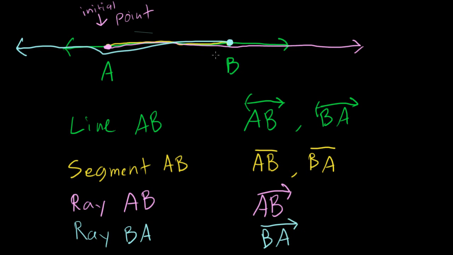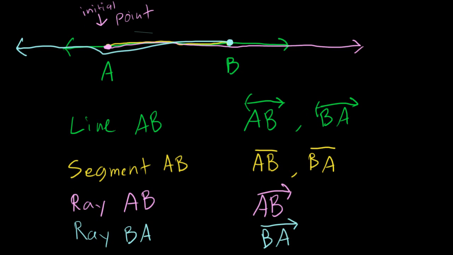Even though the ray actually goes right to left, by convention we start with the initial point, B, and then the second point tells us what direction to go. Right, so that can be confusing for some students at first, but don't let it be. It's really pretty straightforward. So that's how rays work. Lines, segments, and rays. If you need a little more clarification on this, feel free to consult the textbook. I think this is pretty straightforward.